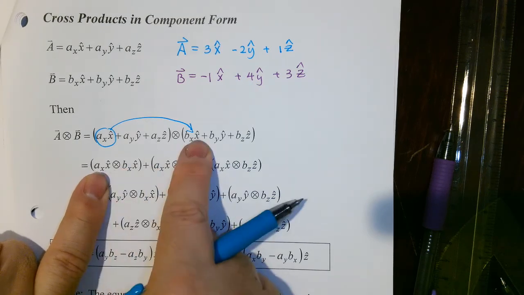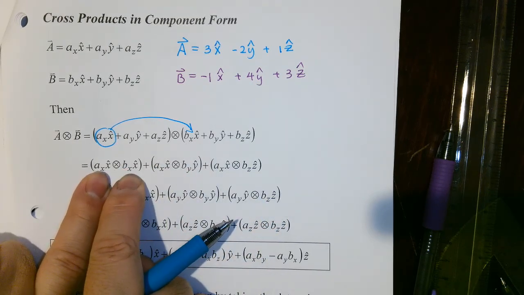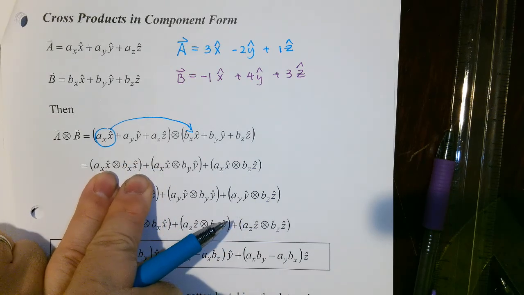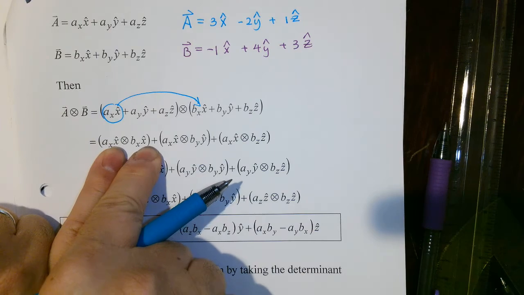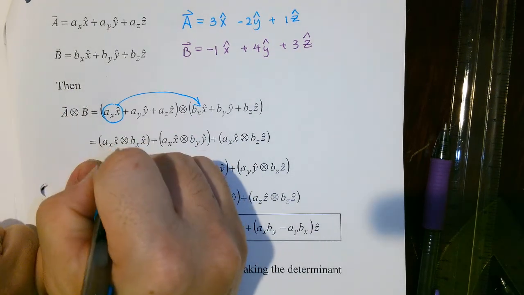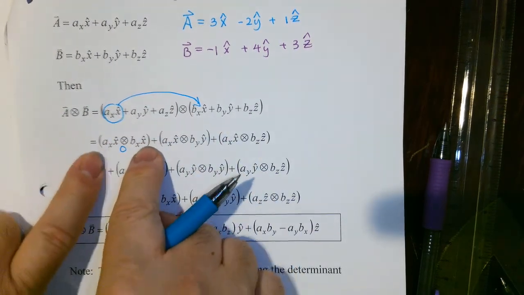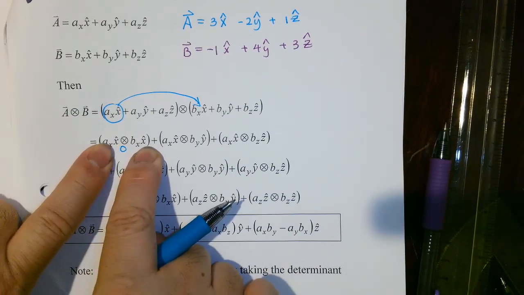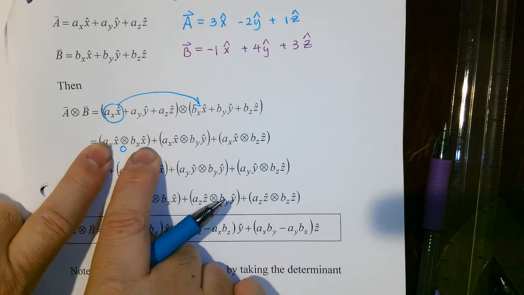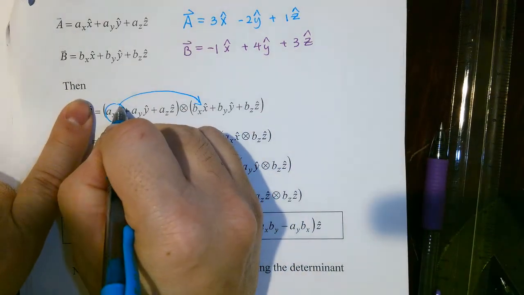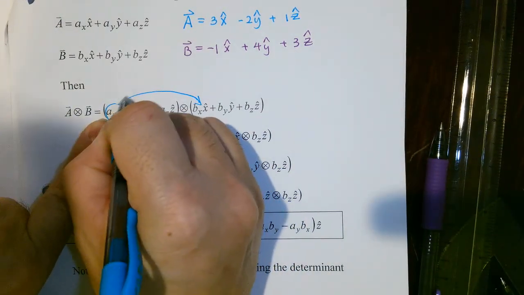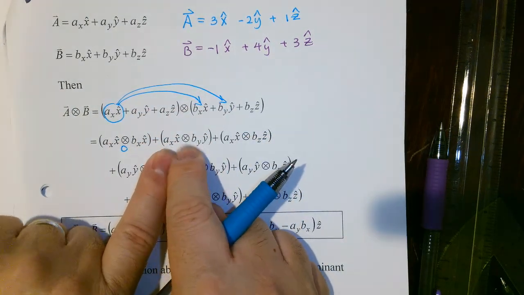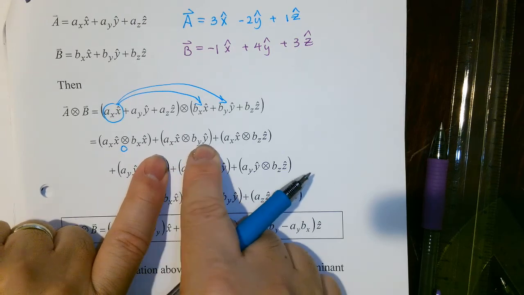A_x x hat cross B_x x hat. We know x hat cross x hat will produce what? Good, like you said, nothing, 0. All right, well, continue on. A_x x hat cross B_y y hat will produce A_x B_y times sine of 90 degrees.